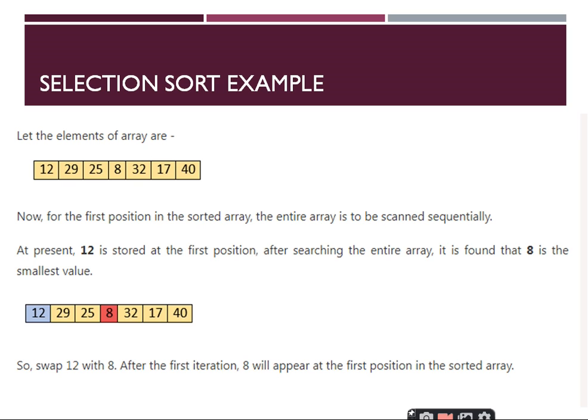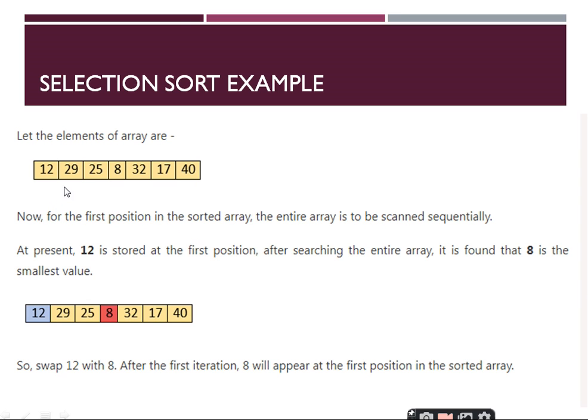Let us have a look at an example. Let the given array elements be as shown on the slide: 12, 29, 25, 8, 32, 11, 40. It is totally unsorted. For the first position in the sorted array, as this is selection sort, the entire array is to be scanned sequentially.